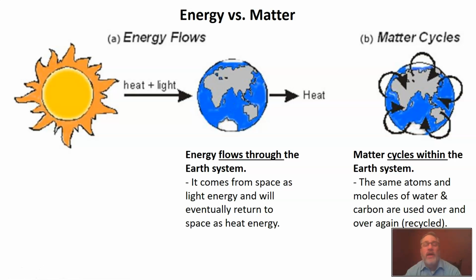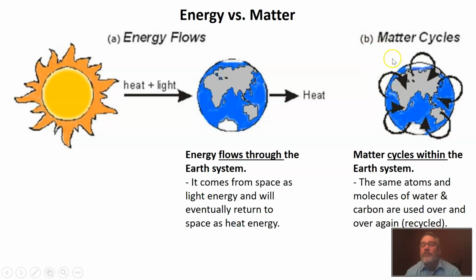That energy comes from space and it's going to return to space eventually. It does not stay. Matter, on the other hand, is going to cycle within. I want you to think of recycling. In other words, we're going to use some of the same molecules and atoms over and over and over again. Those water molecules, carbon atoms, oxygen atoms, are going to be used within these systems over and over.